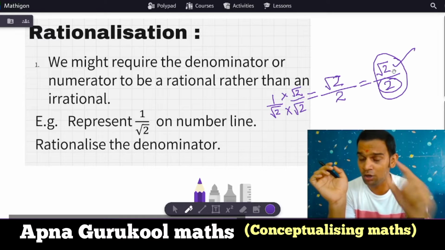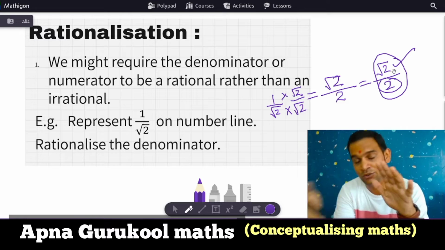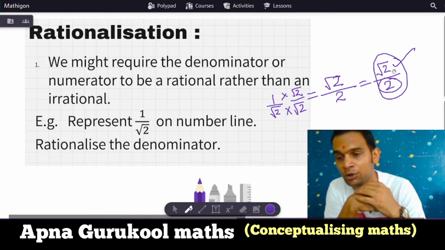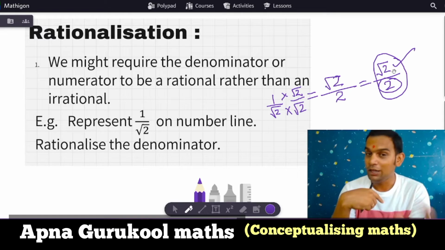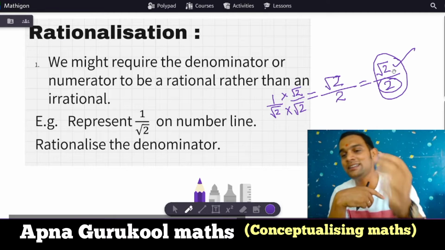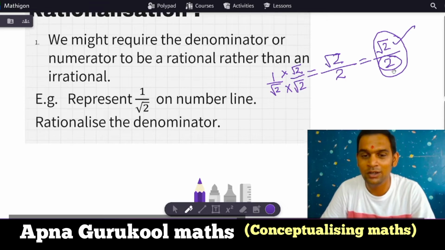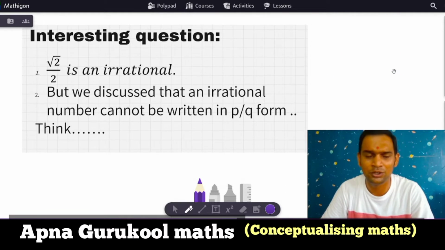We have already discussed how to plot root 2 on the number line in this playlist. You can go to the second or third video, you will be able to find it. I hope that makes sense very clearly. So that is how we rationalize the denominator. That's not all in this; we will learn about that in further videos.